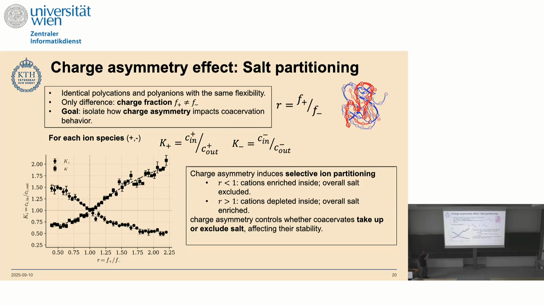But of course, with the change of the charge, we have this behavior that shows that, for example, for R smaller than 1, the salt is excluded from the coacervate, but for R larger than 1, the salt is enriched. So we can say that charge asymmetry controls whether the coacervate takes up or dilutes the salt in the environment.